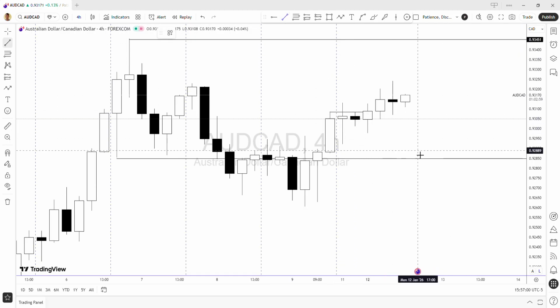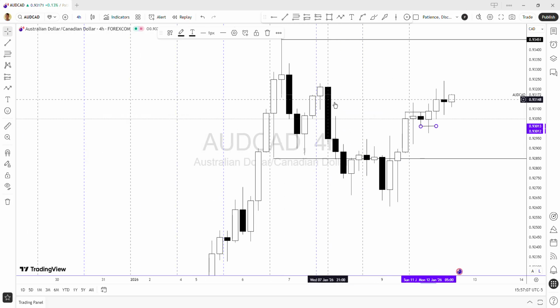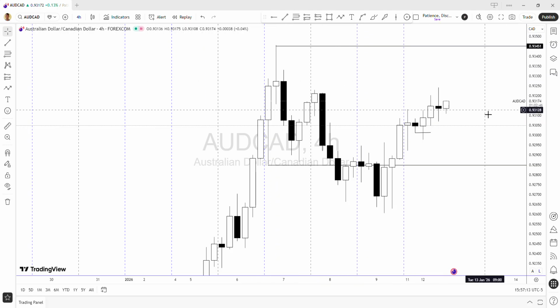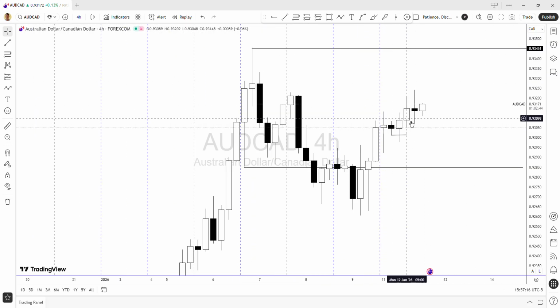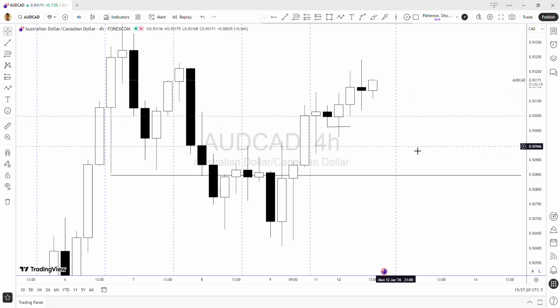When the candle produced itself and took this low out, the direction I was looking for was bullish. I was looking for the market to sweep below any low of the 4-hour candles, and then I'll be looking for longs.